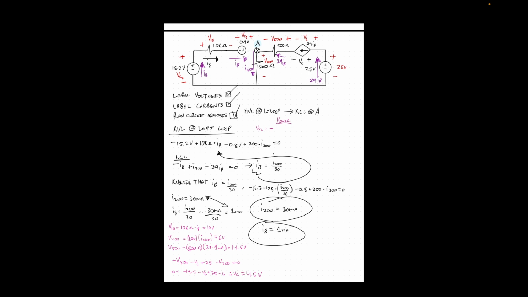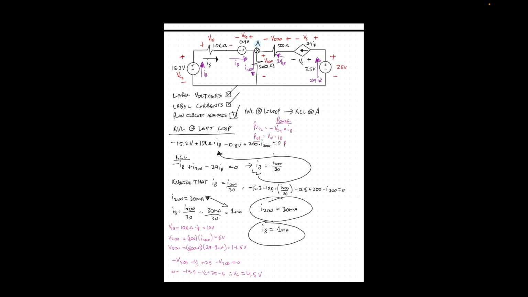So we have our VS2, which is going to be minus, this should be P. Power of VS2. Sweet. So we have negative VS2 times IB. Then we're going to have our power to the 10 kilo ohm resistor. That's going to obey the positive version of passive sign convention. Therefore, I'm going to have V10 times IB.